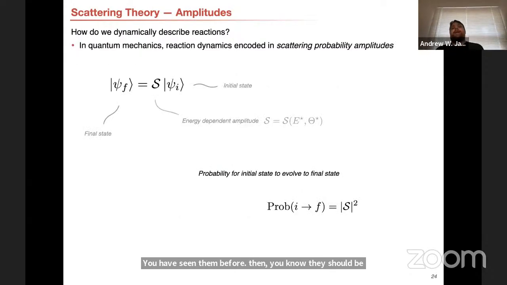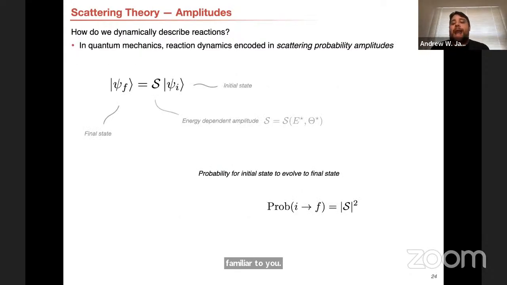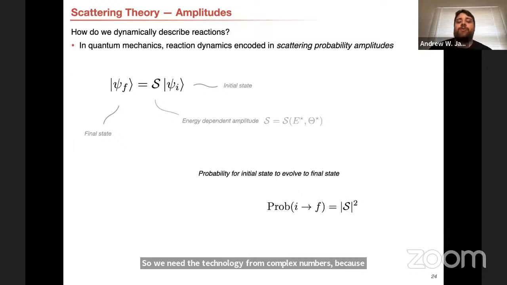We need the technology from complex numbers because quantum mechanics requires complex numbers in order to properly describe the physics of some situation. And we discussed the importance of these probability amplitudes, which are what quantum mechanics can give us. So in quantum mechanics, reaction dynamics, specifically for some scattering reaction process, are encoded in scattering probability amplitudes.